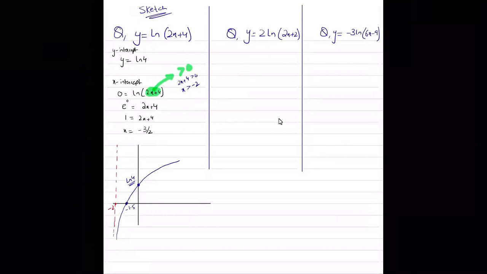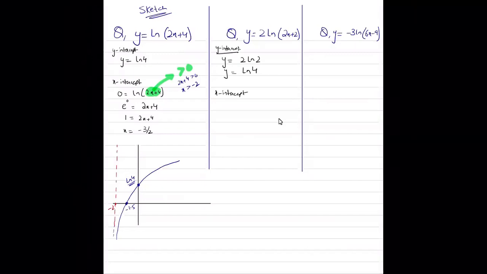Now, for the next part, the y-intercept is going to be 2 ln 2, and 2 ln 2 is the same as ln 4, right? Because this power of 2 is going to go up and this is going to make 4.